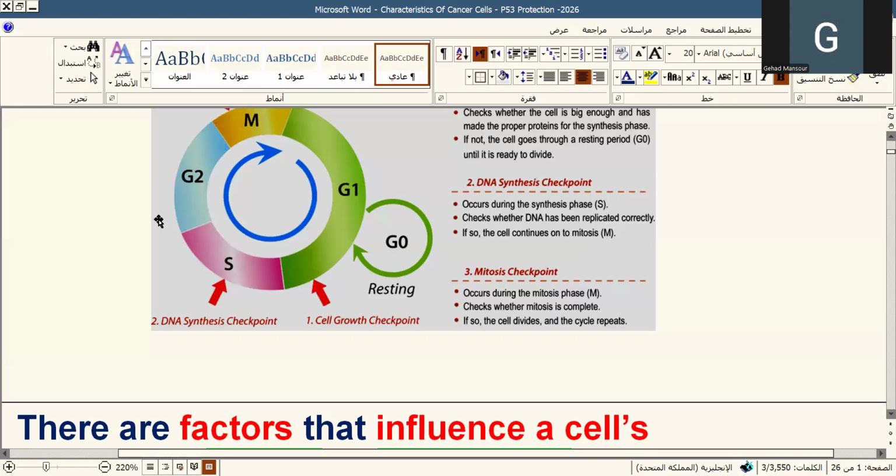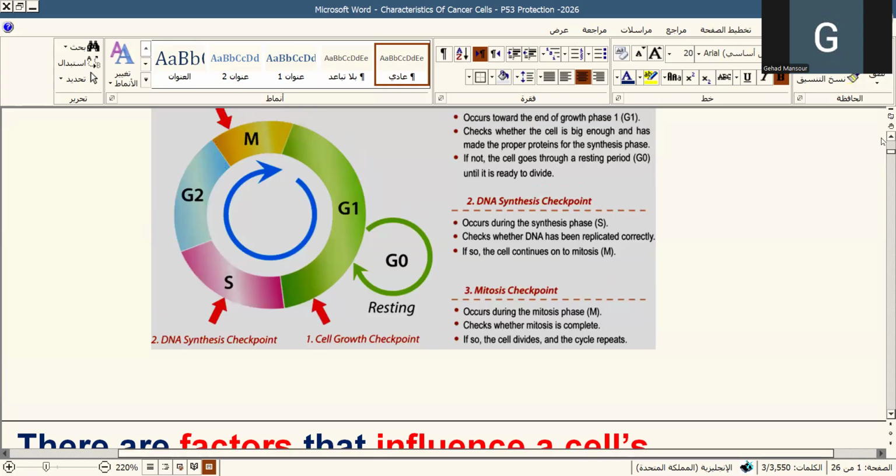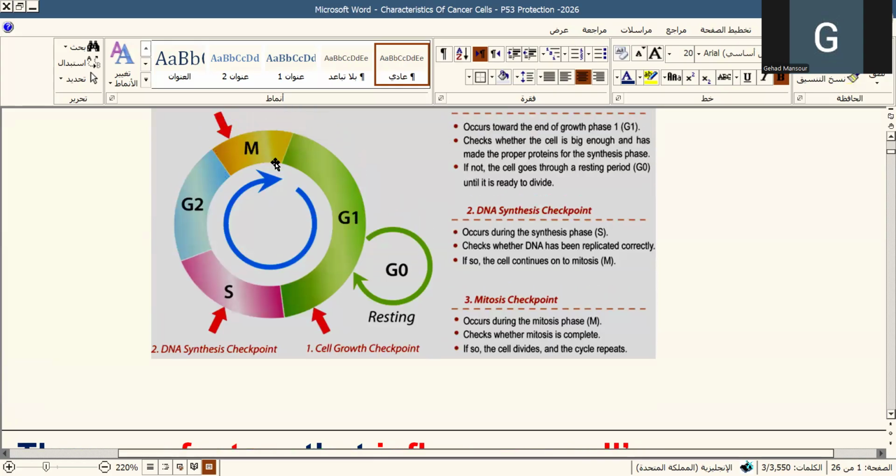And then number 3, we have the mitosis checkpoint, which occurs during the M phase, and it checks the spindle fibers, which is why we sometimes call it the spindle checkpoint. Here it's written on the diagram that it checks whether mitosis is complete. Actually, this is too broad and inaccurate.